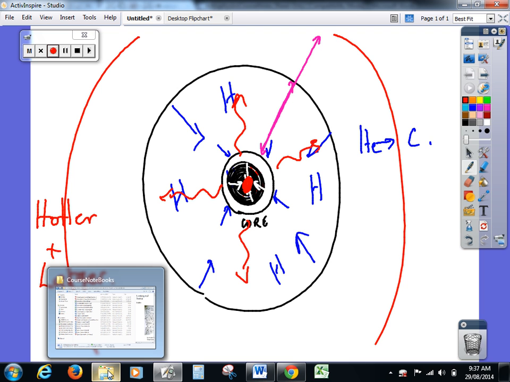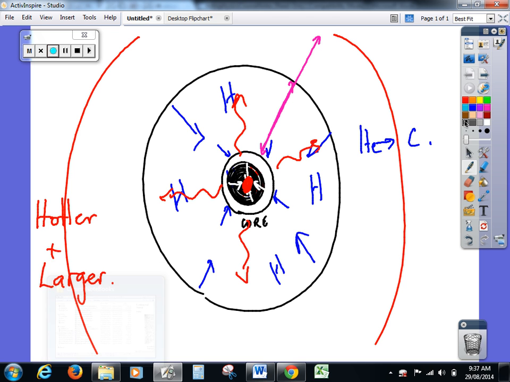Brighter, bigger. Now, even though it becomes brighter, the actual surface area of this is much larger. Spheres have massive surface areas. So even though it is much brighter, the amount of energy being lost per metre squared is the more important thing. So energy per metre squared drops.